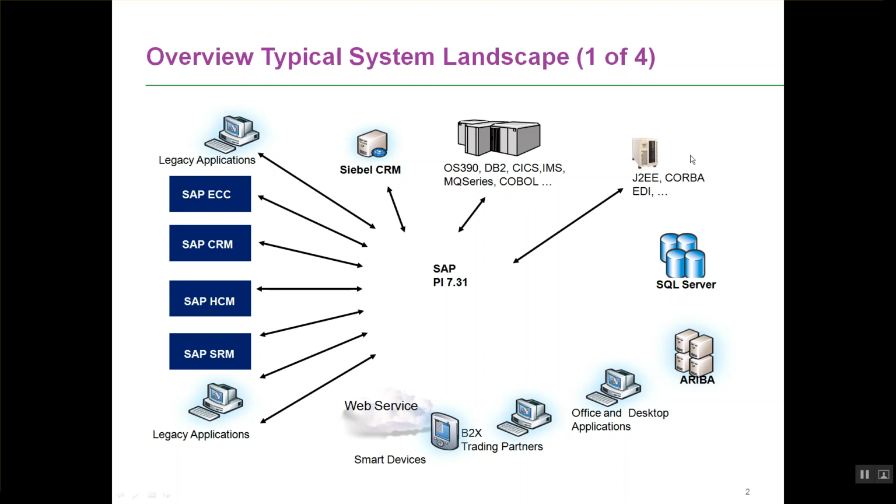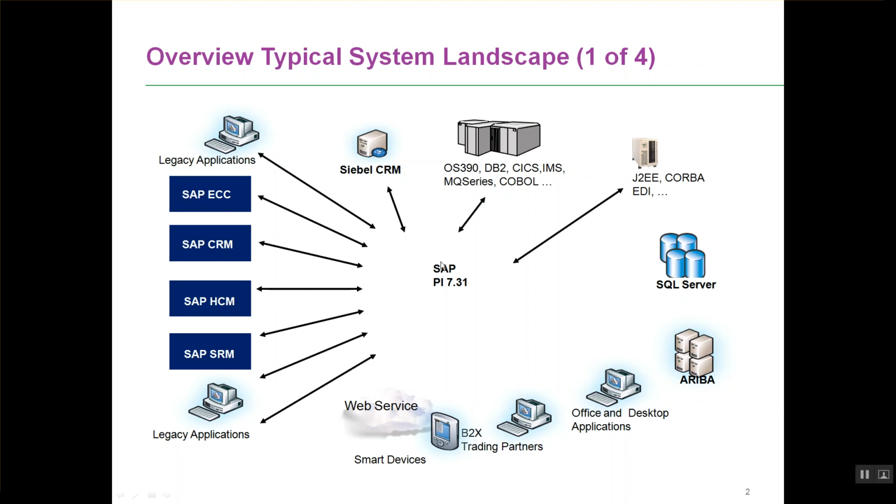You can have third-party J2EE applications running, CORBA applications. You can have databases, SQL Server databases. You can have supplier network collaboration. The basic idea being, any customer's IT landscape or system landscape is extremely complex. There are hundreds and thousands of applications running in the customer landscape.